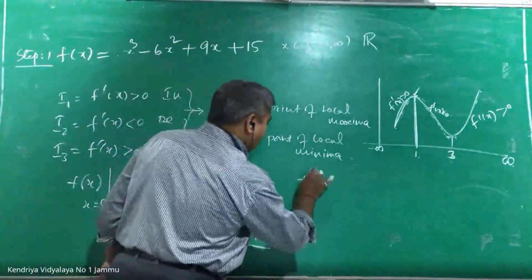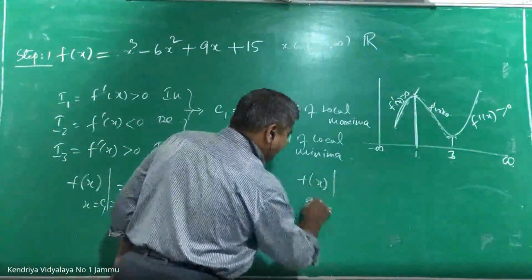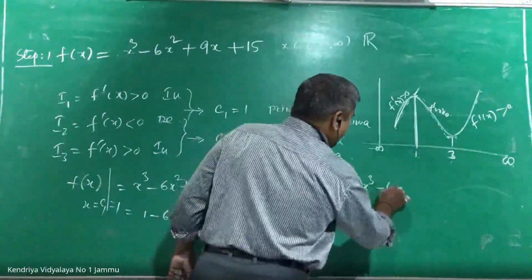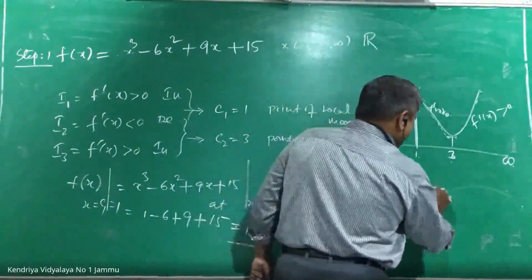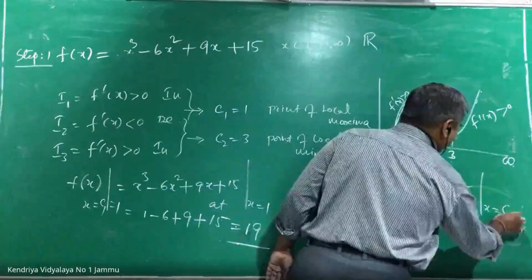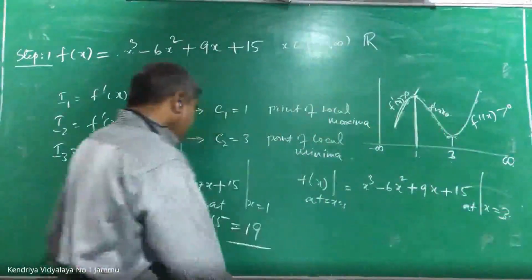So f of x at x is equal to 3. What happens? X cube minus 6x square plus 9x plus 15 at x is equal to C2, that is x is equal to 3.